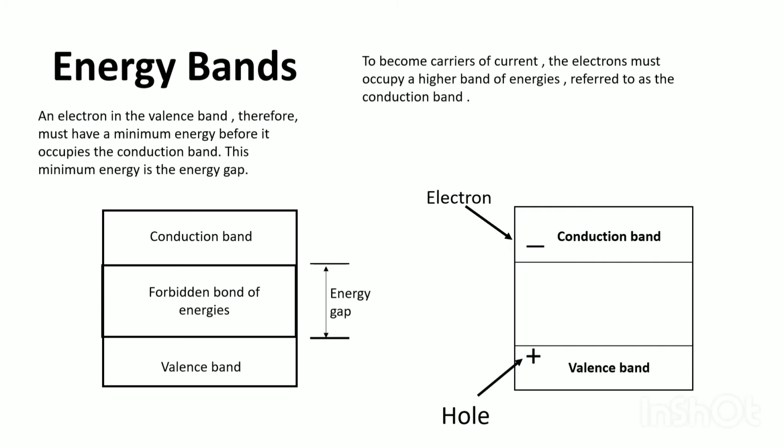The valence band is the band of energies corresponding to electrons that are attached strongly to the nucleus. As a result, these electrons cannot serve as carriers of current. To become carriers of current, the electrons must occupy a higher band of energies, referred to as the conduction band.